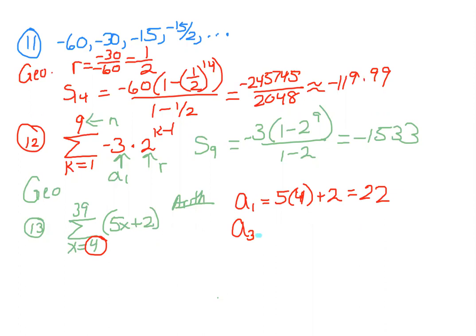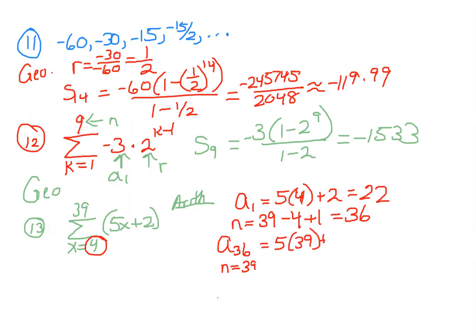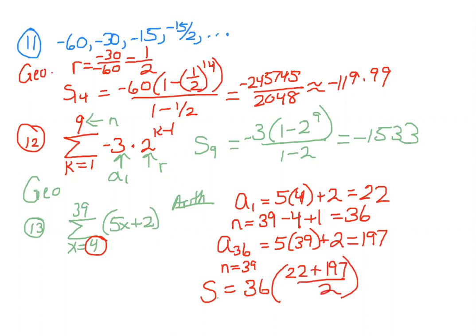Well, our N, let's do our N first. Our N is 39 minus 4 plus 1, which is 36. So our last term is when X equals 39. So we do 5 times 39 plus 2, and that's 197. So our sum is N times the first term plus the last term over 2, which is 3942.